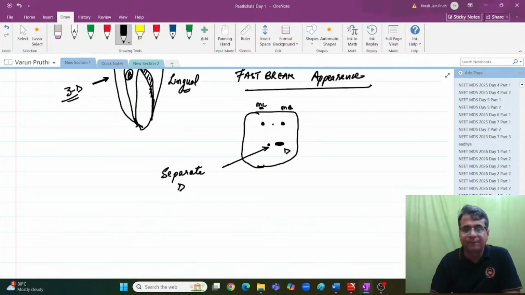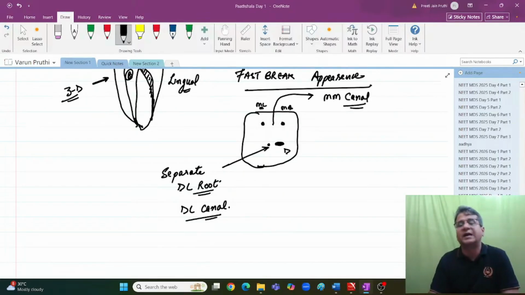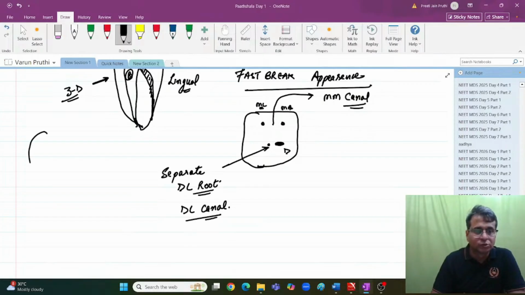A separate distolingual root means there will be a separate distolingual canal. Along with that, at times there can be a middle mesial canal. So they have shown you an X-ray.